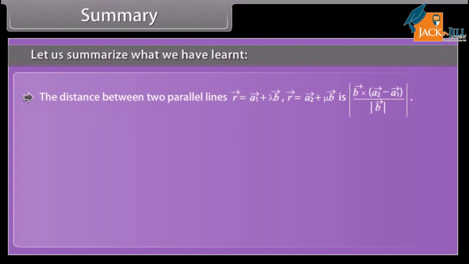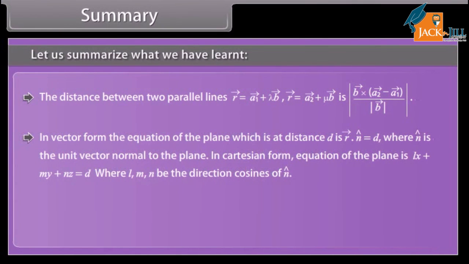The distance between two parallel lines is given by. In vector form, the equation of the plane which is at distance d is given by, where cap n is the unit vector normal to the plane.